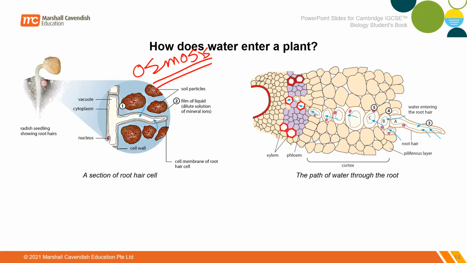Osmosis is the net movement of water from high water potential to low water potential. So water will be absorbed through root hair cells, going directly from high water potential to low water potential in the cortex layer until it reaches the xylem vessel to be transported easily.